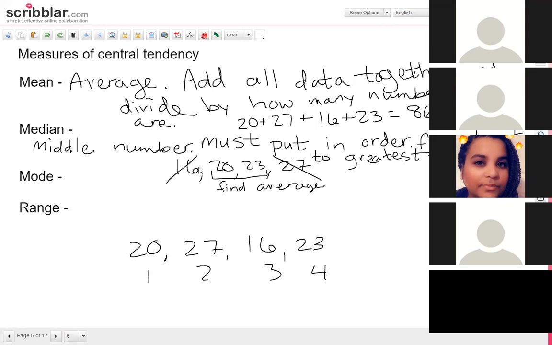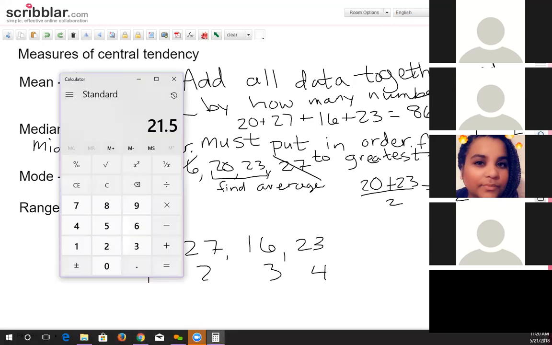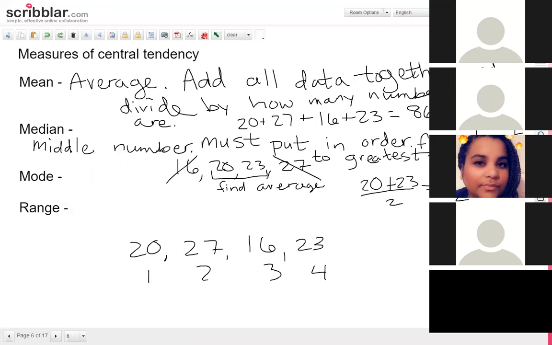We would have to add 20 plus 23 and divide it by 2 since there's 2 of them. And 43 divided by 2 is 21.5. This one happens to be the same as the mean. That does not always happen. That was just random. I picked random numbers, so it can happen, but it doesn't have to.